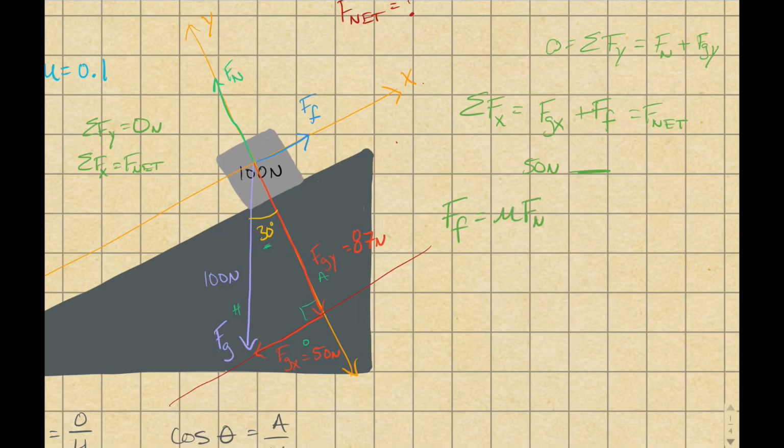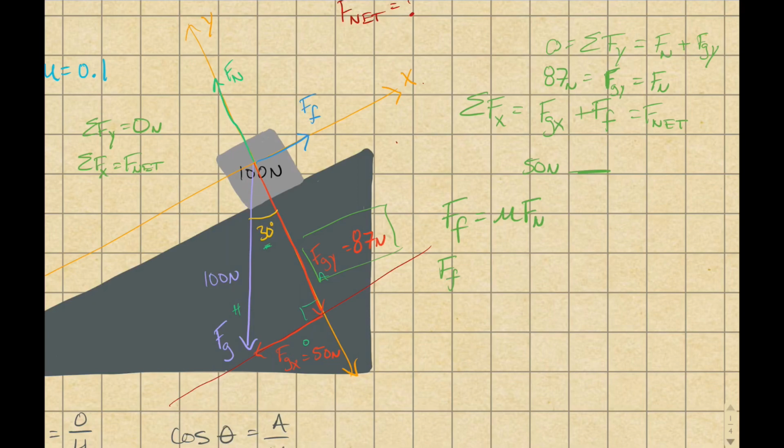Since there are only two forces in the y direction, as we've said before, my force of gravity in the y direction is going to be equal to my normal force. Because I know that my force of gravity in the y direction right here is equal to 87, that means that is also equal to my normal force.